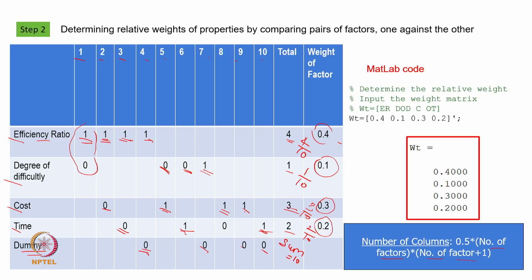So, degree of difficulty is 0.1, time or operating time 0.2 weightage, cost 0.3 weightage, and the efficiency ratio weightage is 0.4. And this has been documented also in a MATLAB code. Let us say the degree of relative importance given to the ER, DOD, C and OT is 0.4, 0.1, 0.3, 0.2, and then this is the result as such.